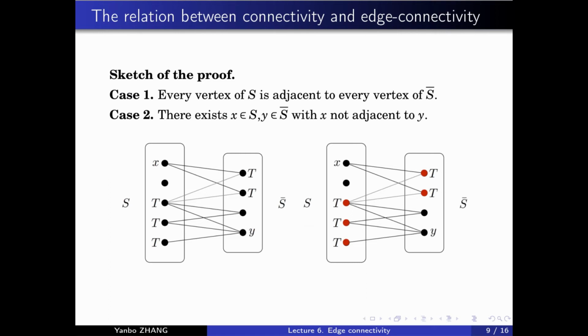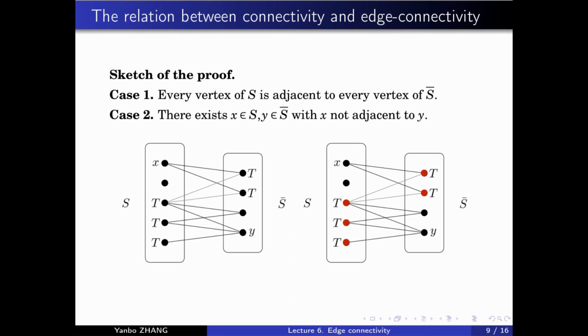So the proof is divided into two cases. The first case is every vertex of S is adjacent to every vertex of the complement of S. The second case is there exists x belonging to S, y belonging to the complement of S, such that x is not adjacent to y. In the second case, we don't consider all vertices of S that have neighbors in S bar.